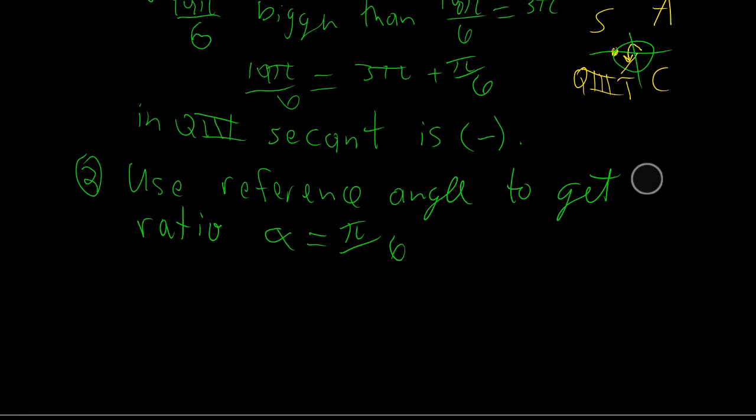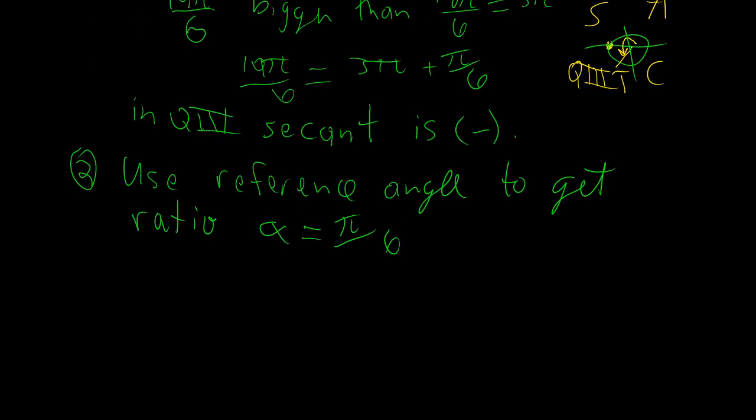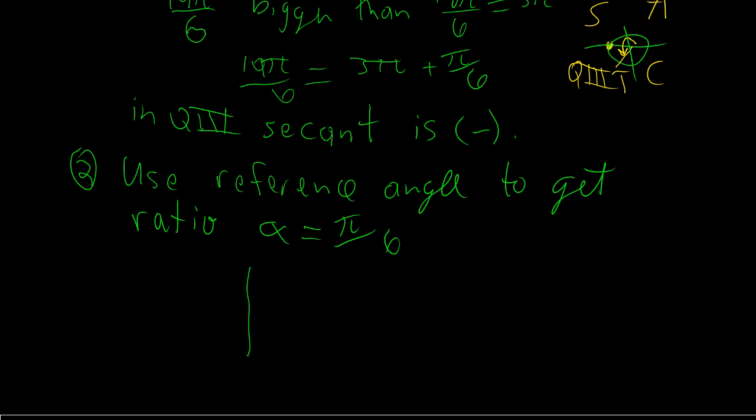So we are going to want to draw our pi over 6 triangle. So, our 30, 60, 90 in degrees. So if we look at this, this is pi over 6, pi over 3, and opposite pi over 3 is root 3, 2, and 1.